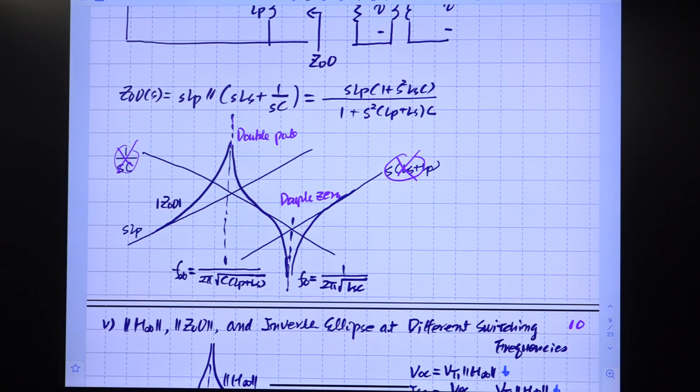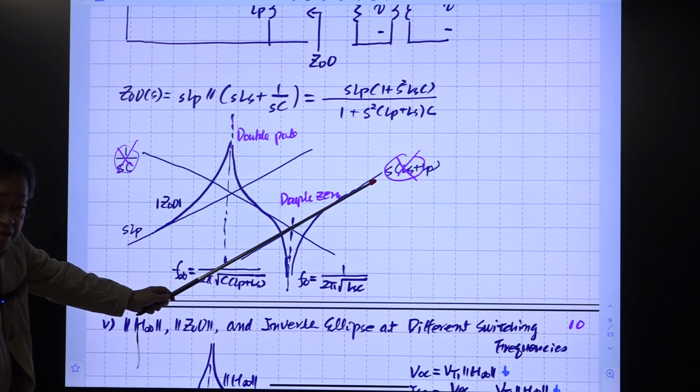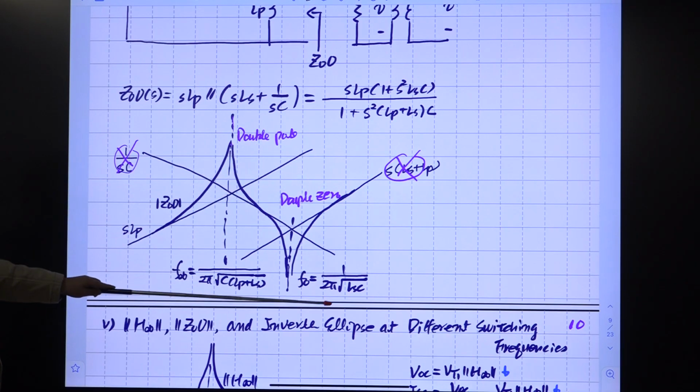This is the initial integration slope, +1 slope, and the final slope will be this one, +1 slope again, okay? Forget about this. This is just the asymptotic plot, and this is frequency, right? Think about this.